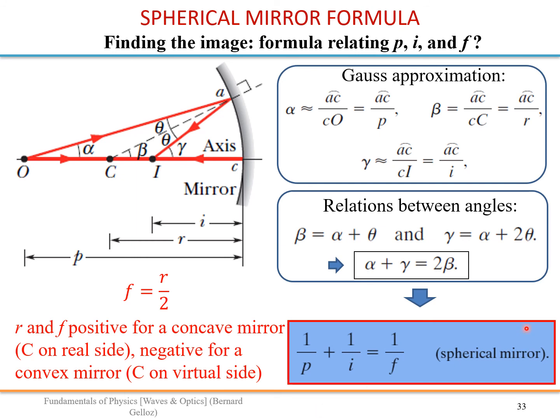In fact, this will work for any kind of spherical mirrors, convex or concave. But you have to choose the right signs. For a concave mirror, you have to write that R and F are positive. And if it is a convex mirror, you have to say that F is negative.